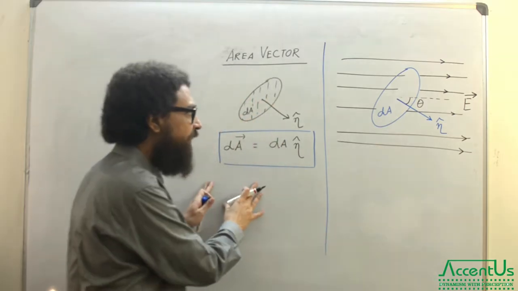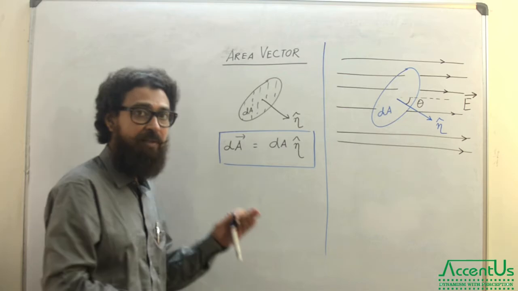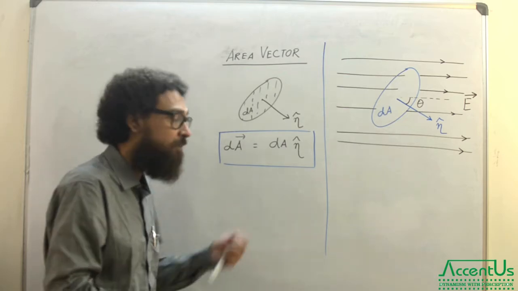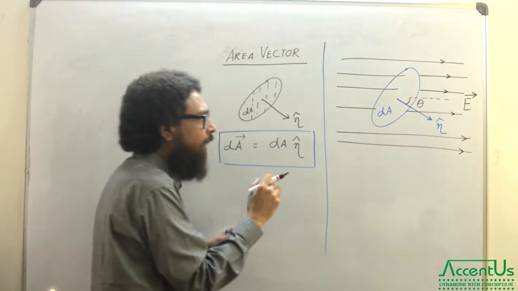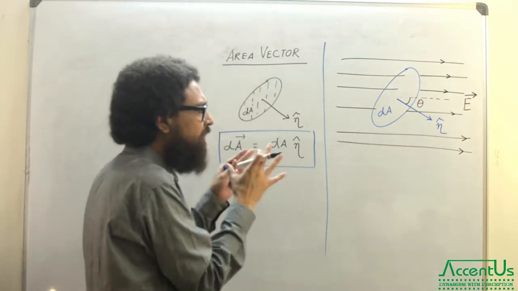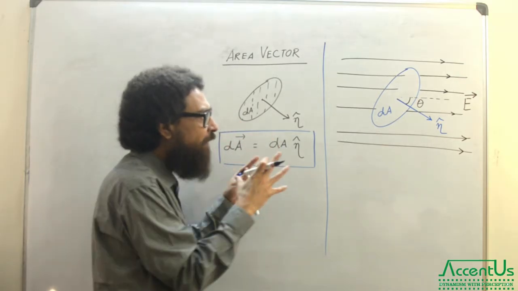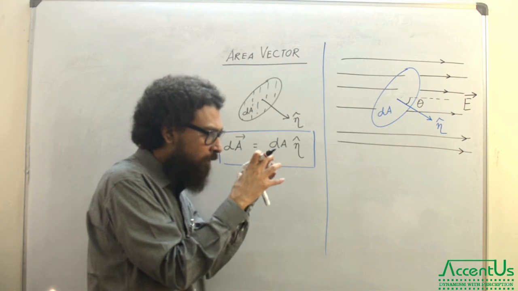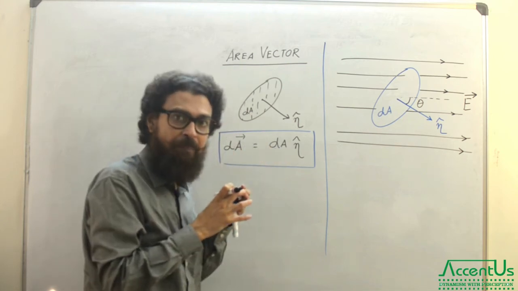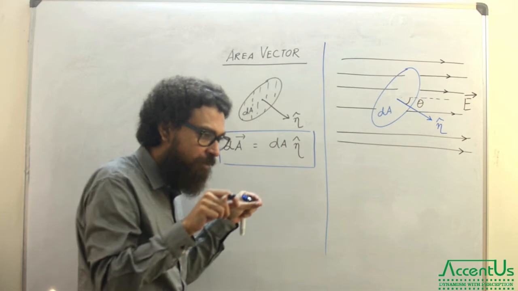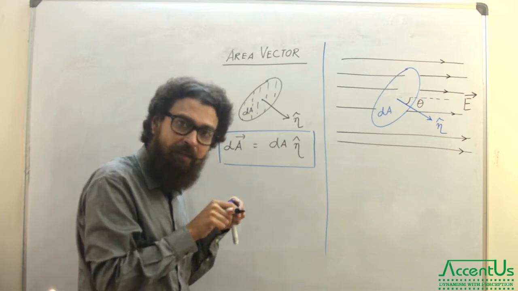I didn't erase this because the concept of area vector is very essential in order to know electric flux. So this is a particular space by which we are surrounding an electric field. We are making a kind of periphery of electric field.